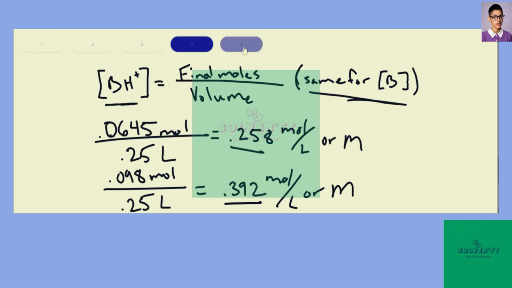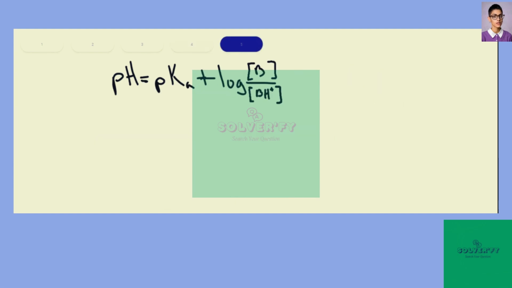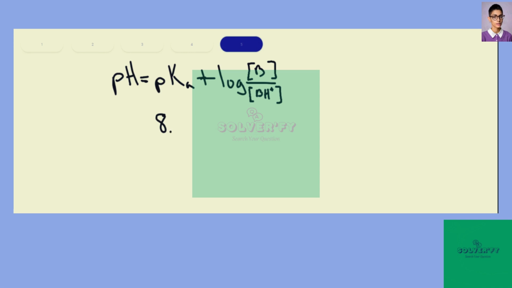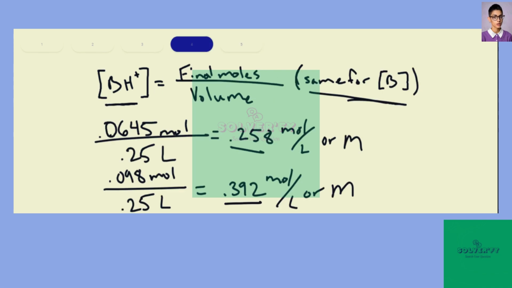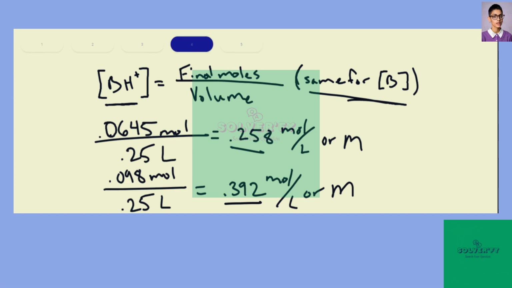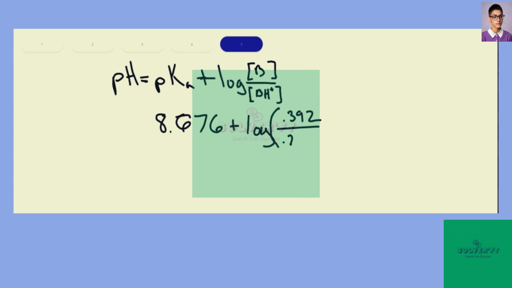And then we take those concentrations and plug them back into the Henderson-Hasselbalch equation. And this is where we will need the pKa, and if we go back to the first screen, it's 8.676. So 8.676 plus the log of the base, which is 0.392, over the conjugate acid, which is 0.258.